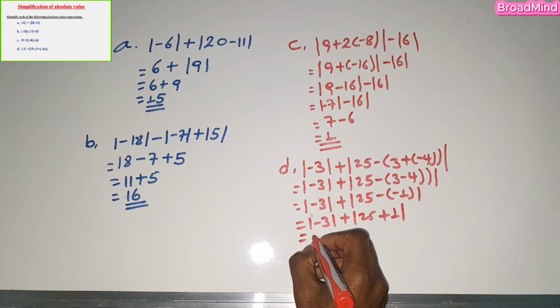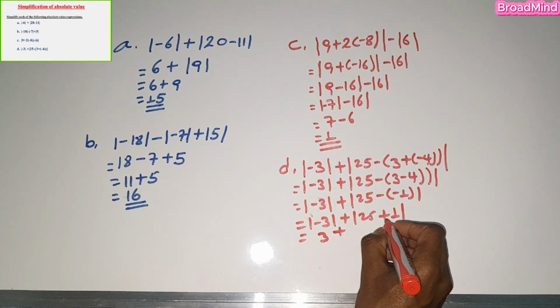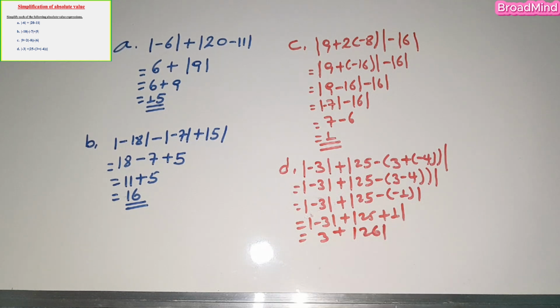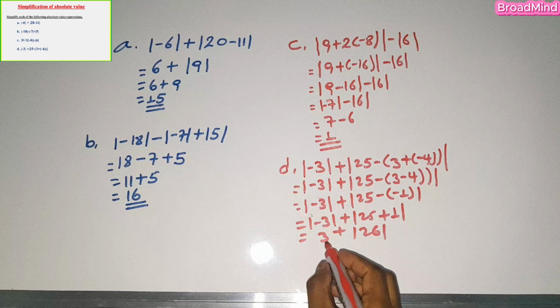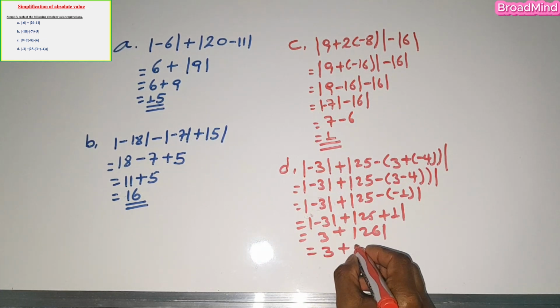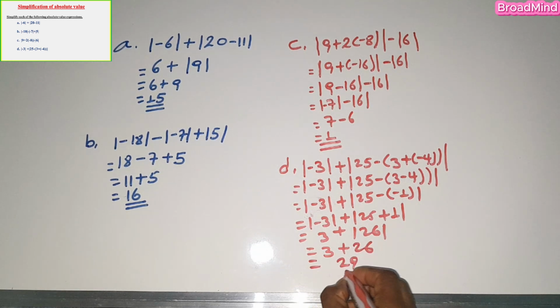Absolute value of negative 3 is equal to positive 3, plus the absolute value of 26. Now 3 plus 26 is equal to 29.